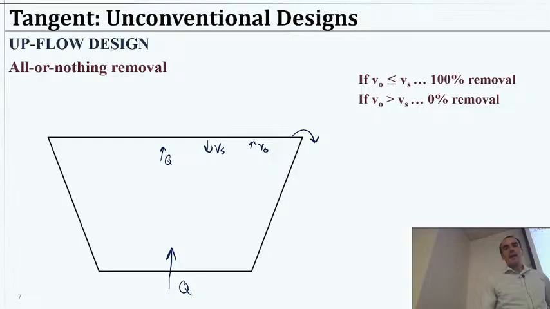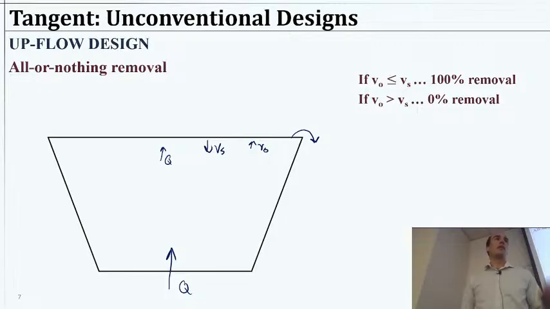Just a thing. In this particular scenario, we can use the same concept of V naught versus Vs, except that if V naught is less than Vs, it's 100% removal, but if V naught is greater than Vs, we get 0, because the water is pushing them all over. So it's kind of an interesting scenario. Something like this might be used for separating the size of particles, perhaps.